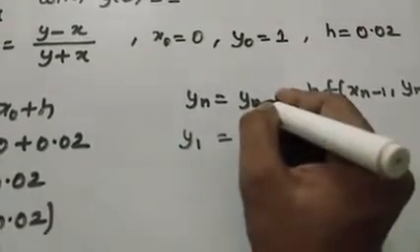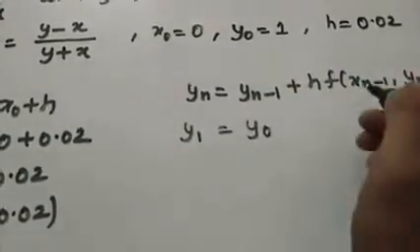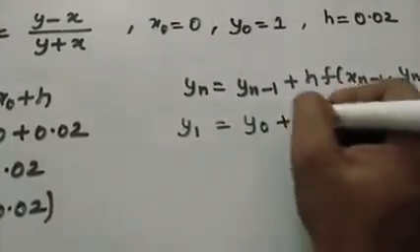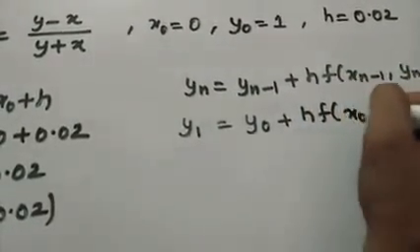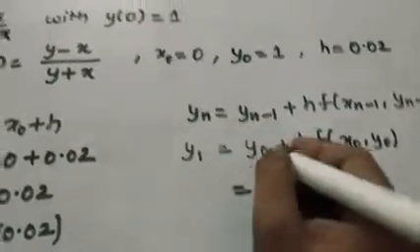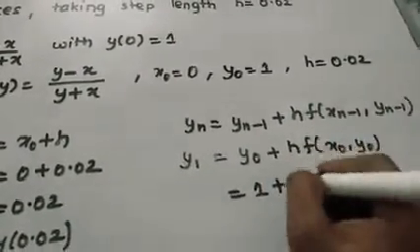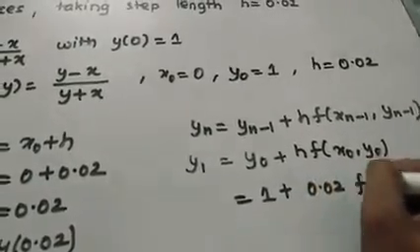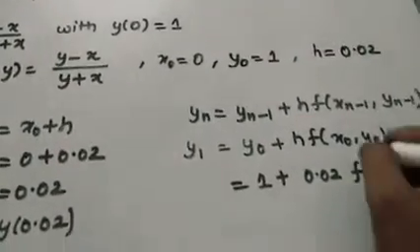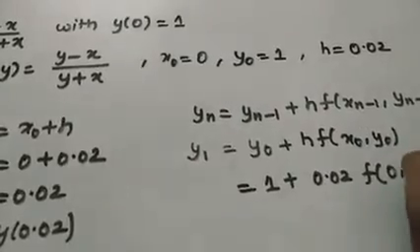Now n equals to 1 means this will become y naught plus h f of x naught comma y naught. Now what is the y naught value? 1 plus h value is 0.02, f of x naught value is 0 and y naught value is 1.